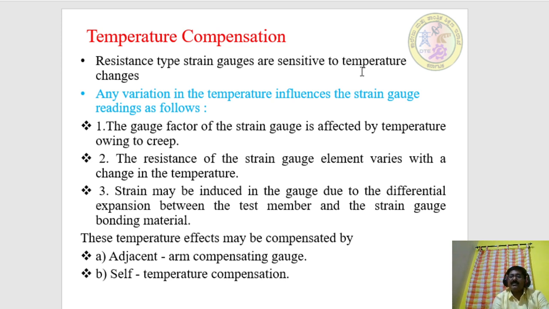Second, the resistance of the strain gauge element varies with change in temperature. Third, strain may be induced in the gauge due to differential expansion between the test item or member and the strain gauge bonding material. These temperature effects may be compensated in two different ways: the adjacent arm compensating gauge and self temperature compensation. With either method we can compensate temperature.